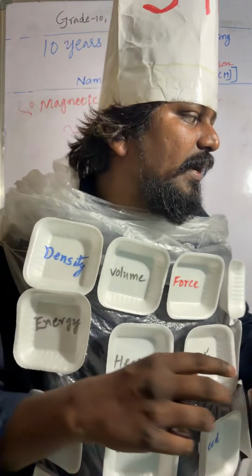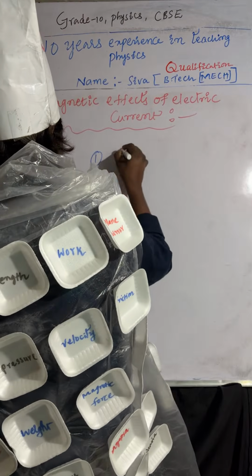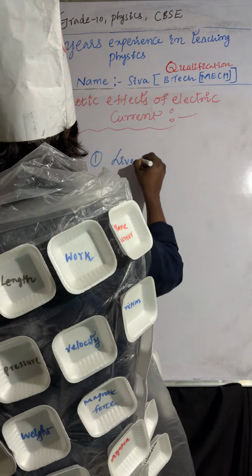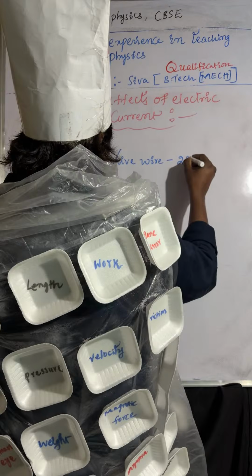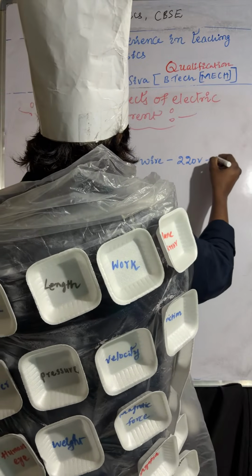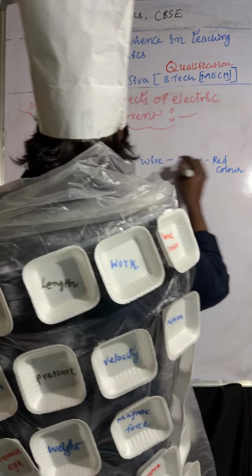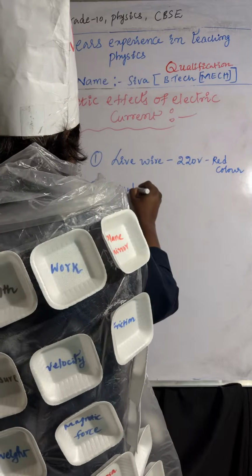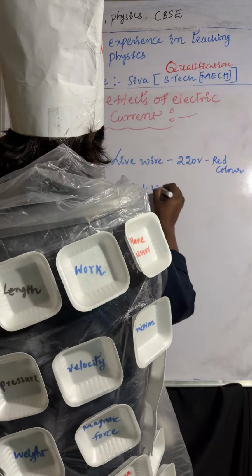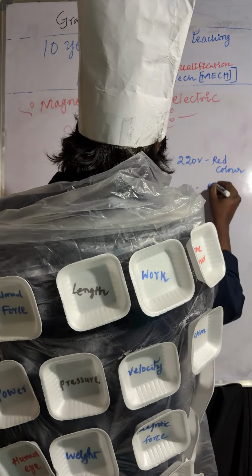And coming to the next one, live wire. Point number 1, live wire. Live wire is 220 potential and red insulation, so red color. And coming to the second one, neutral wire is 0 potential and black color.